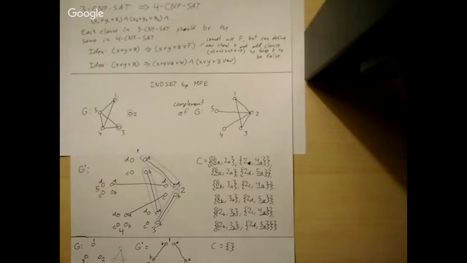Actually read Chris's runtime analysis of this reduction. Yeah, there's an n squared and an n to the 4th term in there, and there's some other things going on too.